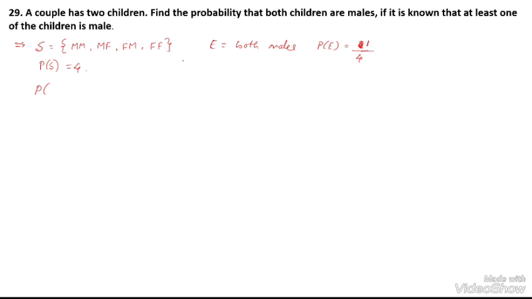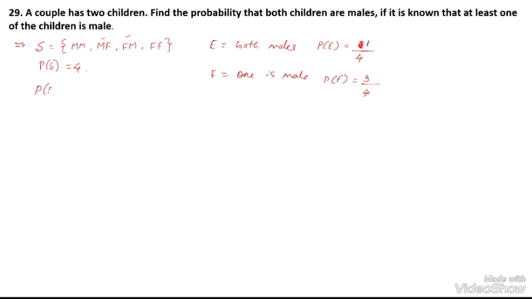Next, the probability of the second event F, at least one child is male. Out of four, there are three: one, two, three.